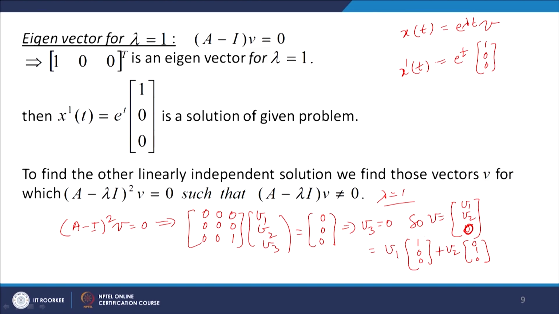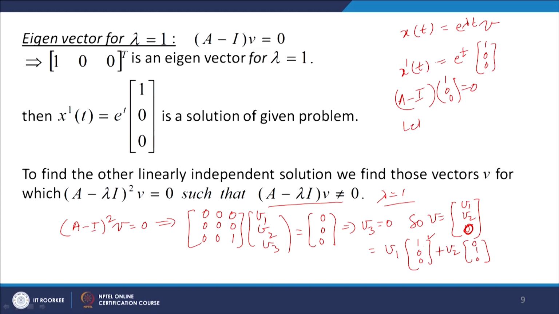But if you take (1, 0, 0), then we have seen (A minus I)(1, 0, 0) equal to 0, because (A minus I) b equal to 0 gives us the solution (1, 0, 0). So, this condition will not be valid if we choose (1, 0, 0). So, let us choose (0, 1, 0). Okay.